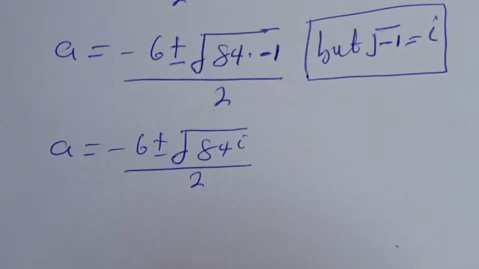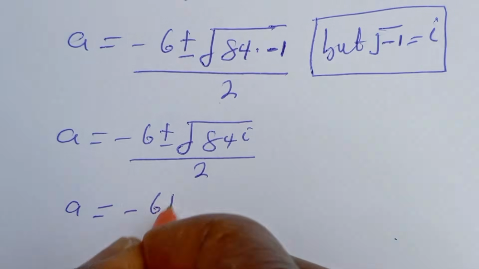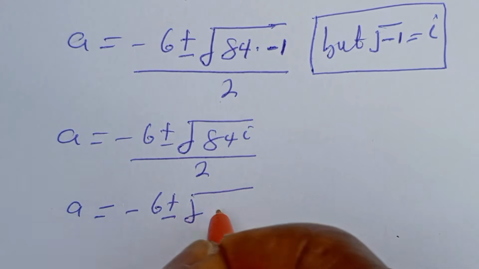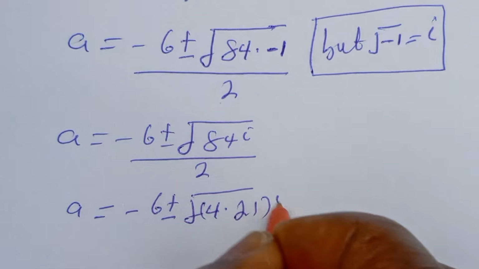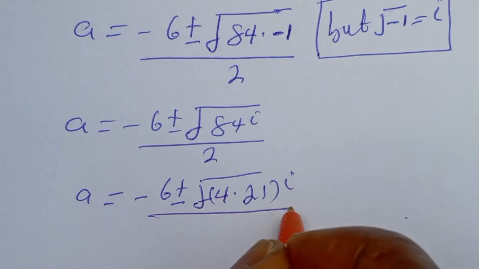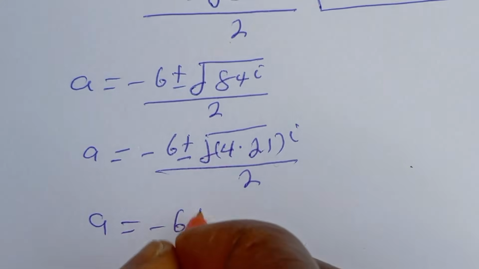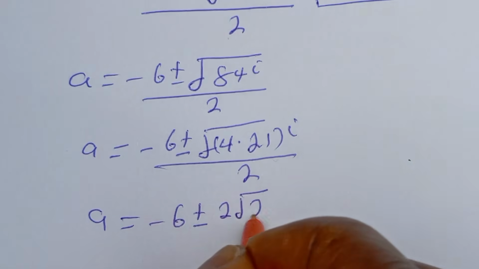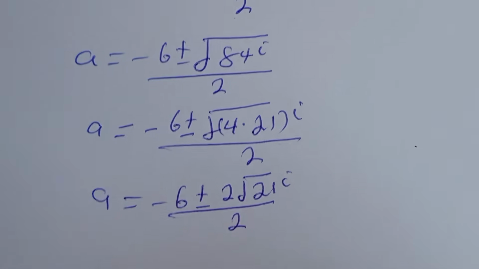Then a is equal to minus 6 plus or minus square root of 4 multiplied by 21 i over 2. Then a is equal to minus 6 plus or minus 2 root 21 i over 2.